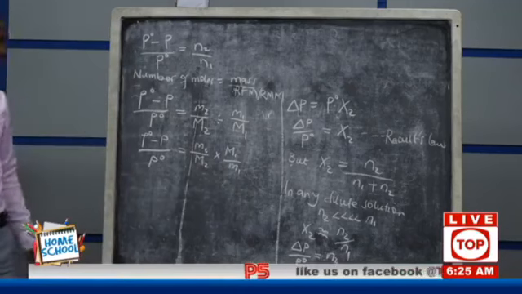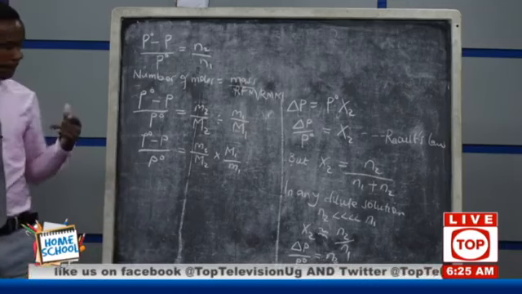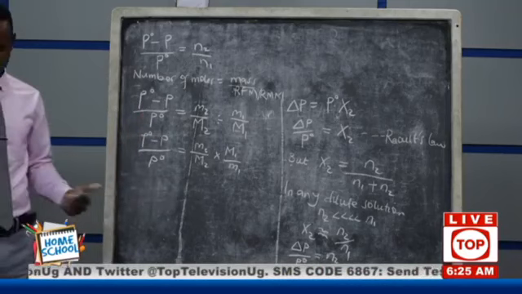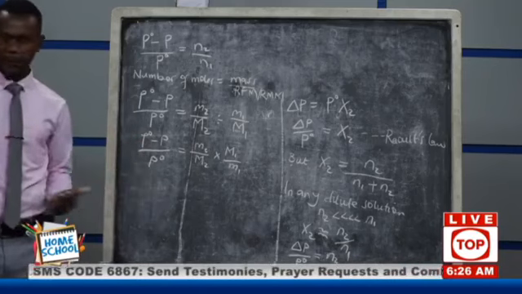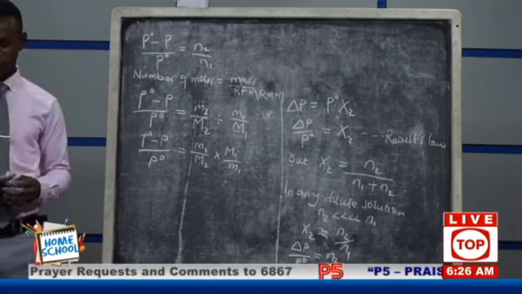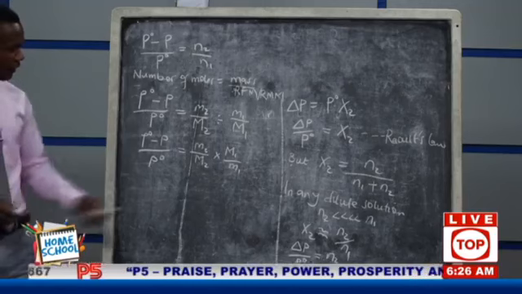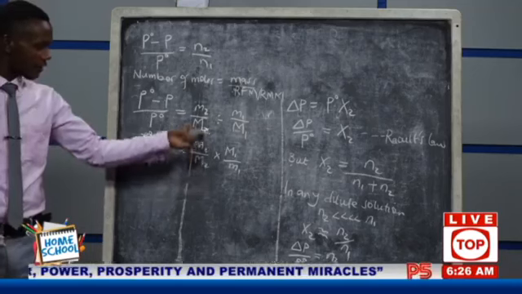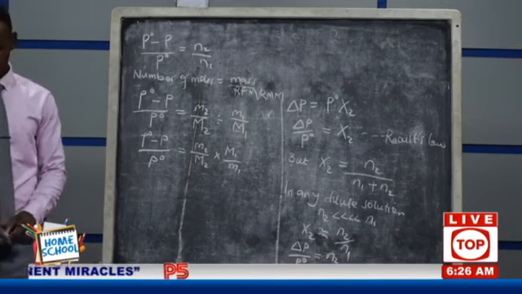So once we get this, bring back the slide, we shall reach what they call the formula that can help us in our calculations, okay? We shall get P naught minus P over P naught equaling mass of the solute multiplied by relative molecular mass of the solvent, divided by relative molecular mass of the solute multiplied by the mass of the solvent.